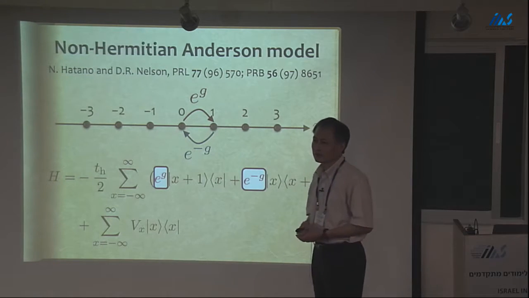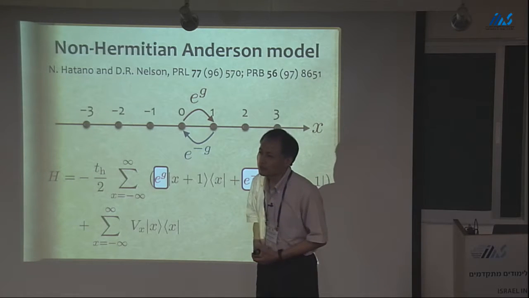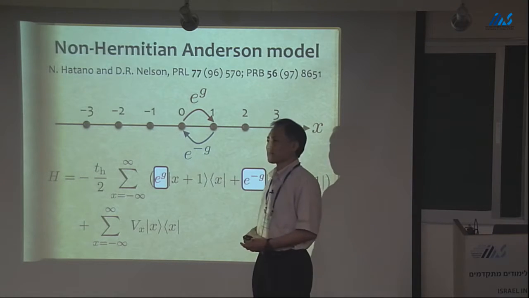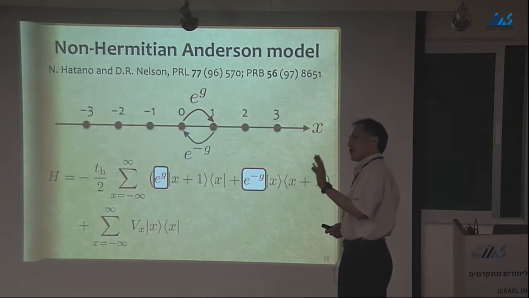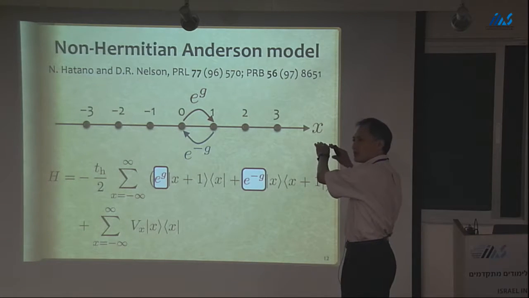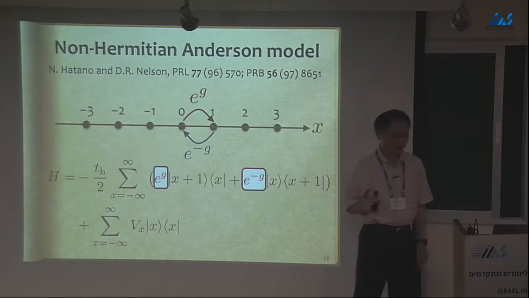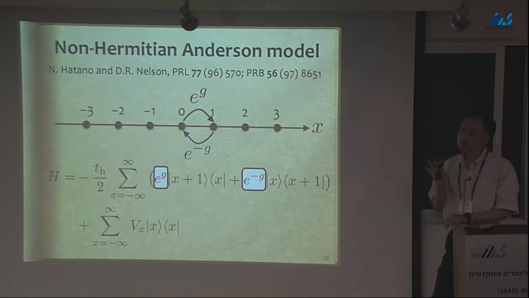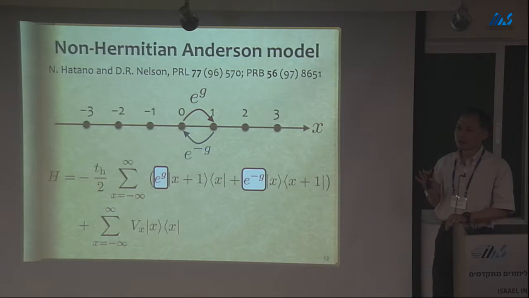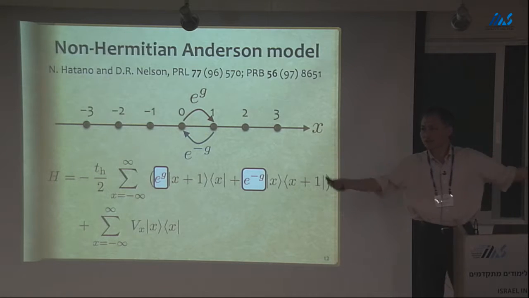By the way, is this model on a line or on a ring? I'm going to tell you about that later on. But for now, suppose it's on an infinite line. I'm going to tell you what I actually did, because in the actual numerical calculation, of course, you can't do an infinite line, right?